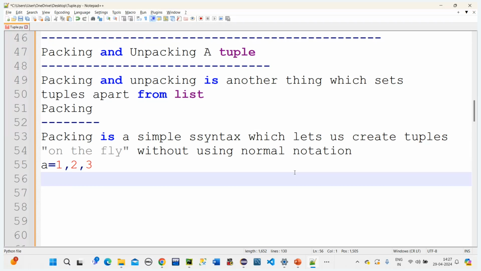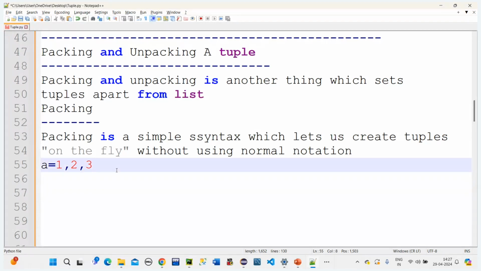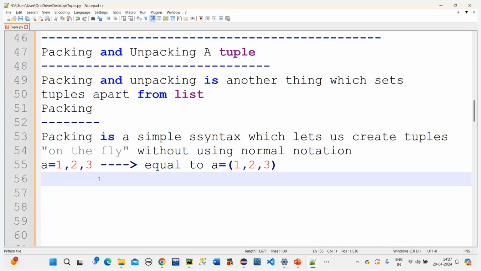Here we are not using it, but this is equal to what? A is equal to tuple of 1, 2, 3. So like this also we can write. These both are equal.